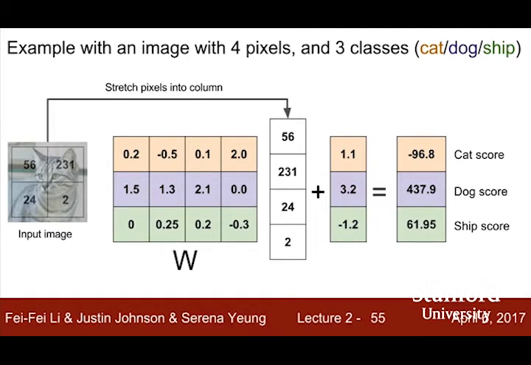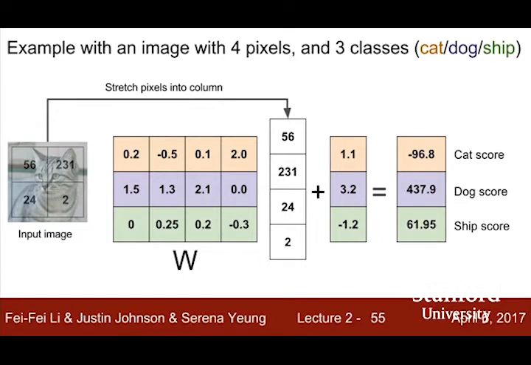Our weight matrix is going to be 4 by 3, so we have 4 pixels and 3 classes. And again, we have a 3-element bias vector that gives us data-independent bias terms for each category. So now we see that the cat score is going to be the inner product between the pixels of our image and this row in the weight matrix, added together with this bias term.